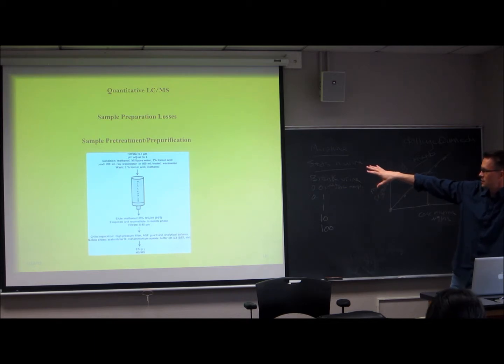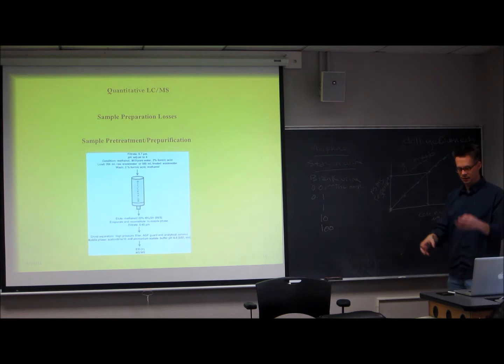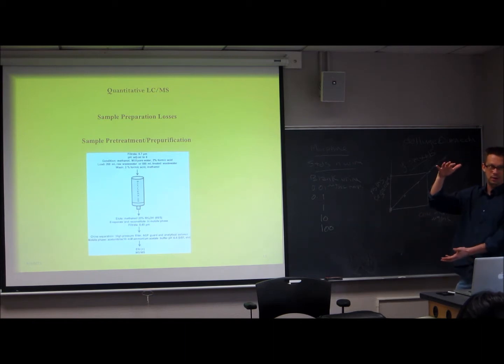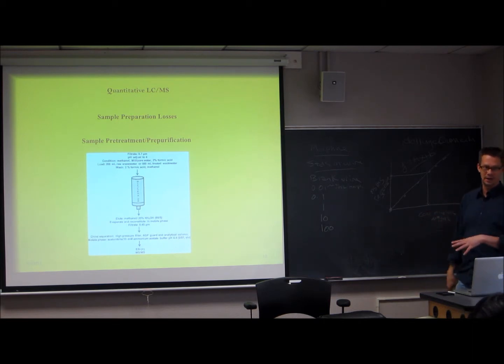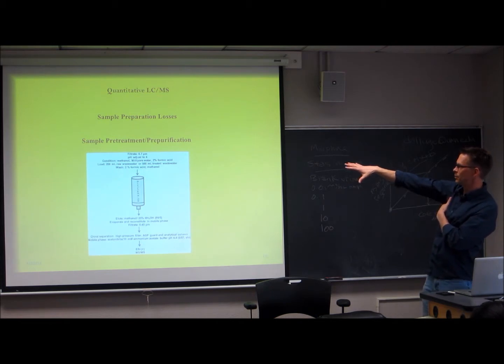You can also get losses if you're doing some sort of sample pretreatment. When you're dealing with really complex mixtures, a chunk of chocolate or another piece of food or river water, you can't just dilute, shoot, and get a nice signal for your compound. No matter how powerful LC-MS/MS is in terms of sensitivity and detecting things in complex mixtures, sometimes you just don't get a good response because the matrix is an absolute mess, in which case you're forced to do some sort of sample pretreatment.